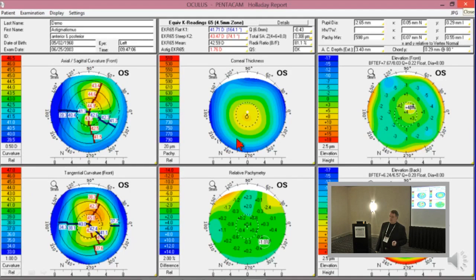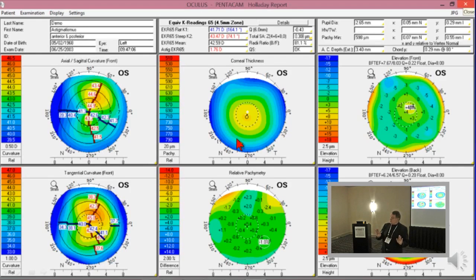That's right. Okay. That EKR65 has already taken the astigmatism on the back surface into account. Okay. And it's the same value that you get for the astigmatism using total corneal power. Those two will be the same.